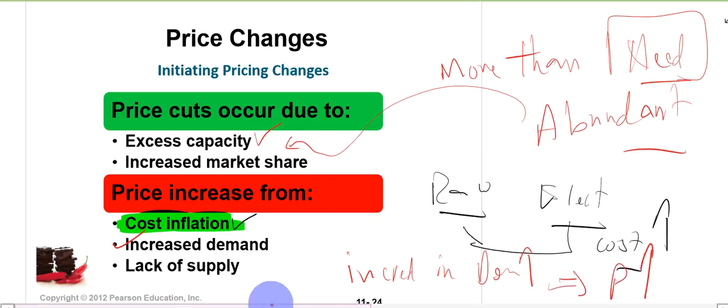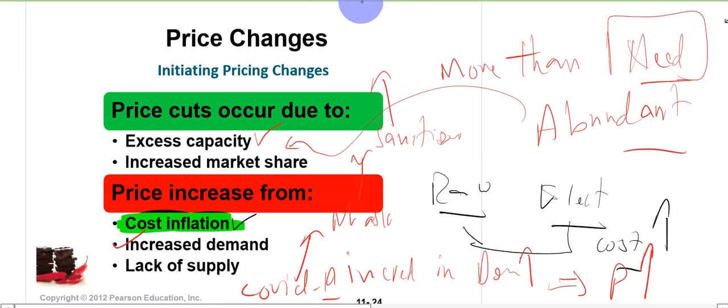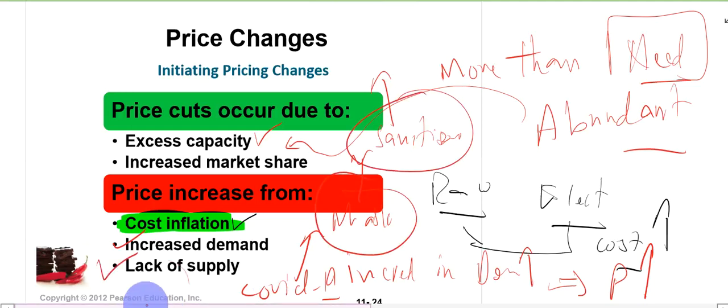For example, in COVID-19, as you know, the demand for masks and hand sanitizer increased. So the companies also increased the price of masks and the price of sanitizer. Number three, lack of supply.